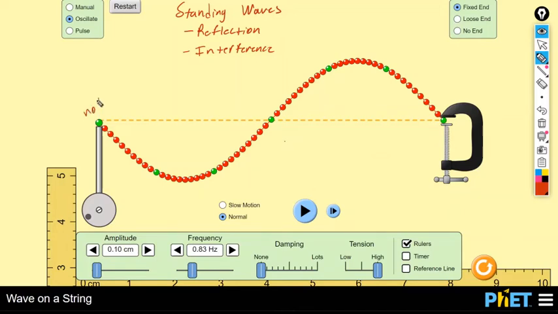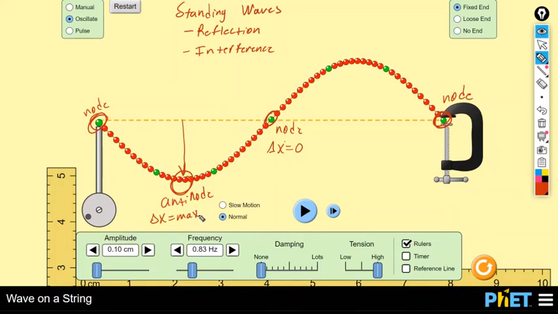There's a node here. There's a node here. A node is where displacement is 0. And then you have another node right here. 3 nodes. And then how many antinodes do we have? We have 2 antinodes. We have an antinode right here. That's where the displacement is at a maximum.